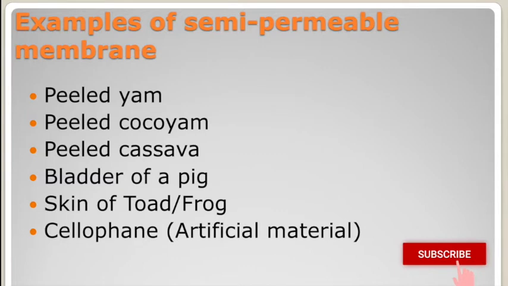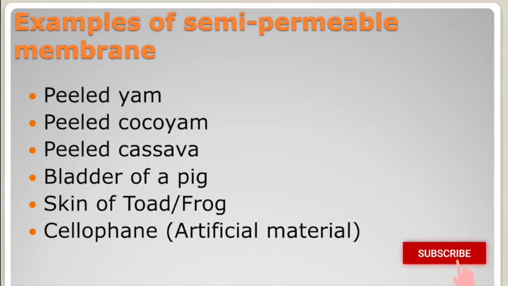The skin of a toad or a frog: here you take the skin on its belly, and that can be used as a semi-permeable membrane. These examples I've listed fall under the category of living tissues.